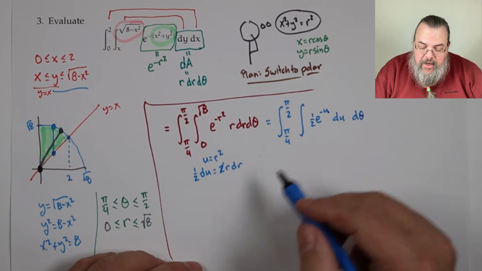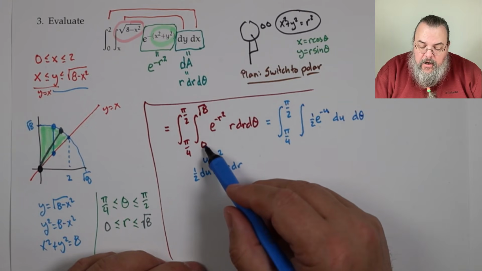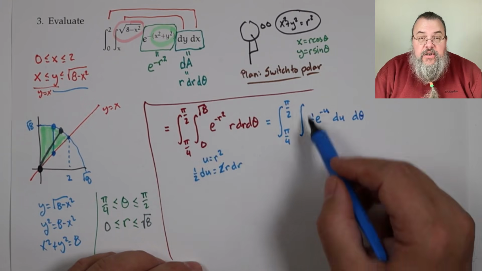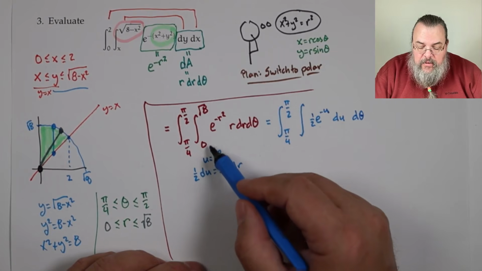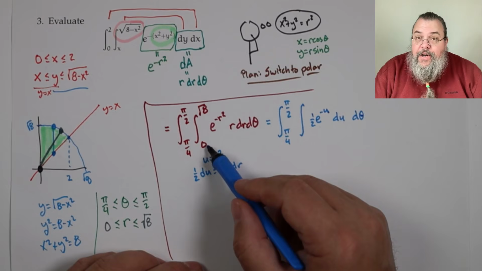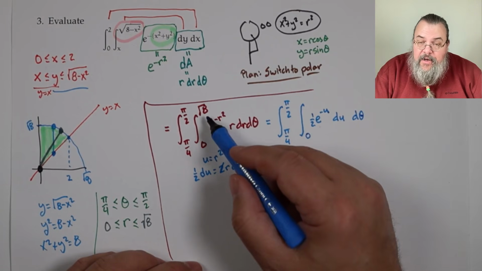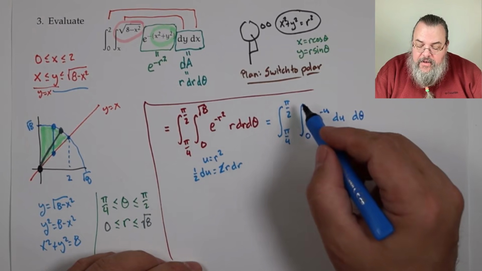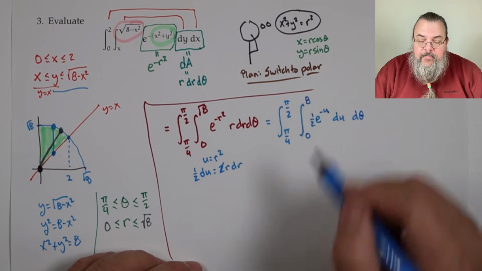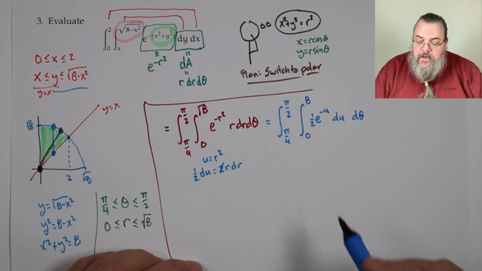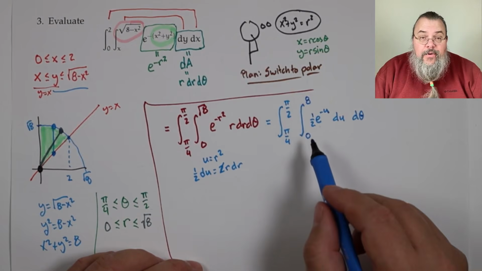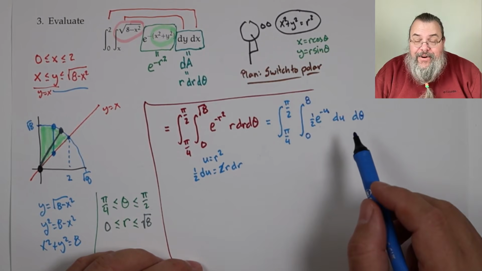And now our bounds. These are our r bounds. We need to switch to u bounds. And we say, okay, well, if u equals r squared, r equals 0, 0 squared is 0. Up here, r is square root of 8, square root of 8 squared is 8. And there we go. Now, notice we've updated the bounds. We're never going to have to go back to r.